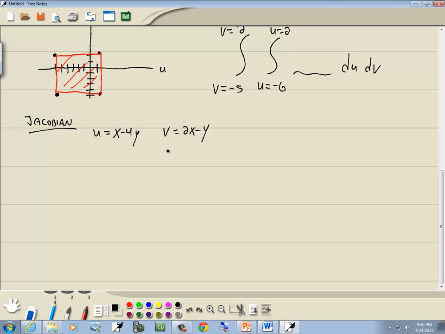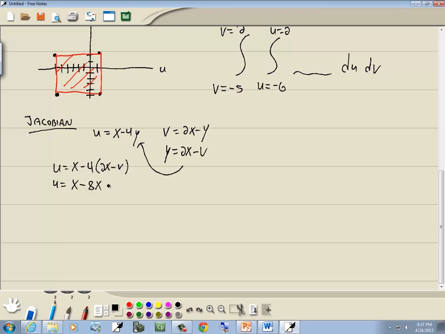So I'm going to take negative y over here and take the v over, and we get that. Then we'll plug that into our other one, and we get u is equal to x minus 4 times y, which is 2x minus v. So we got x minus 4 times 2 is 8, so we got 8x.